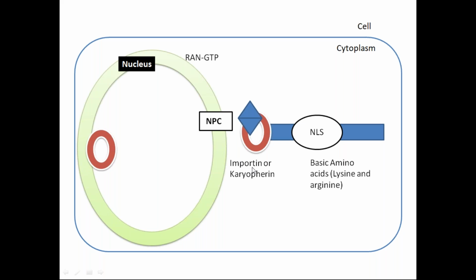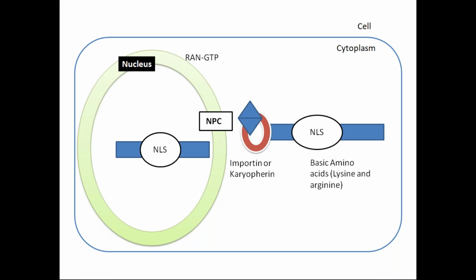Now this protein has come inside with the help of this RAN-GTP, and this importin will go, because it does not have any more work. It was just a kind of helper protein which helped this protein come to its target place.